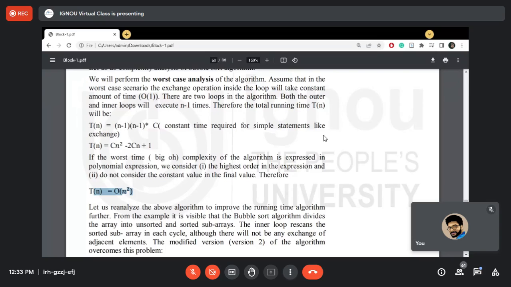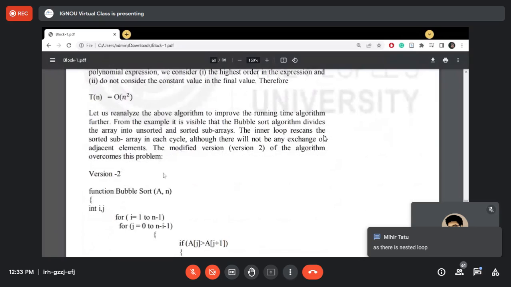Then the biggest term of n is n square, multiplied by some constant value, and we have to neglect that constant value. Yes, the biggest term of n in that statement is n square.